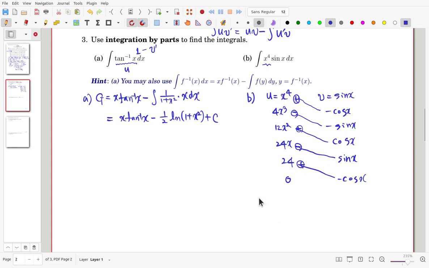So the answer is now, multiplication is minus x to the 4 cosine x, and from the second one, this is now plus 12x squared sine x, and this minus and minus will be cancelled out, and the third one will make now positive.